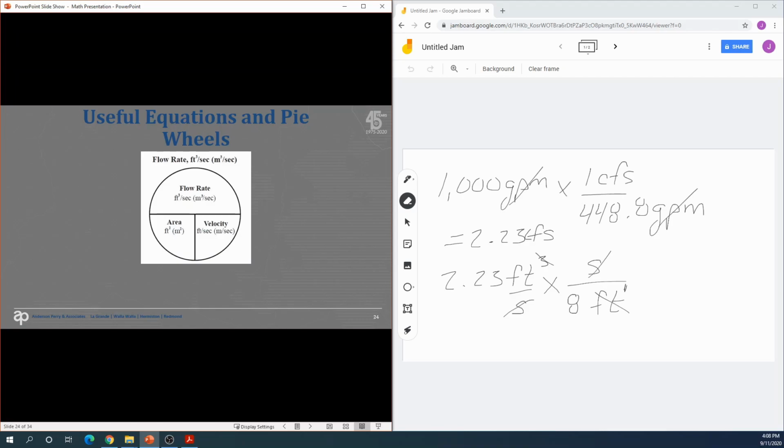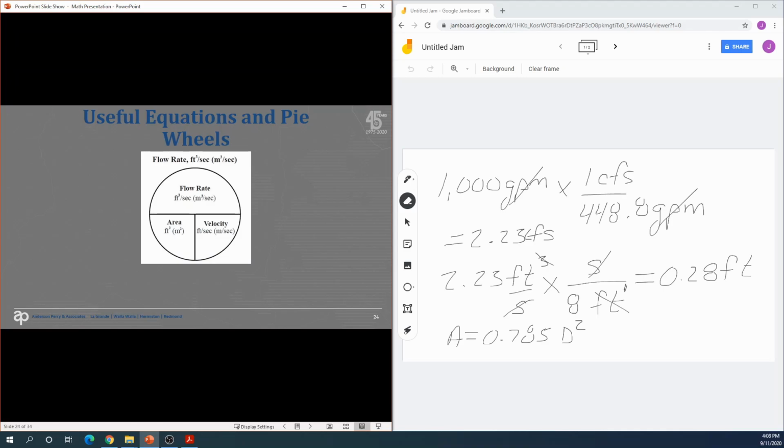So 2.23 divided by 8 is going to equal 0.28 feet squared. So that's our area. Let me back up here.